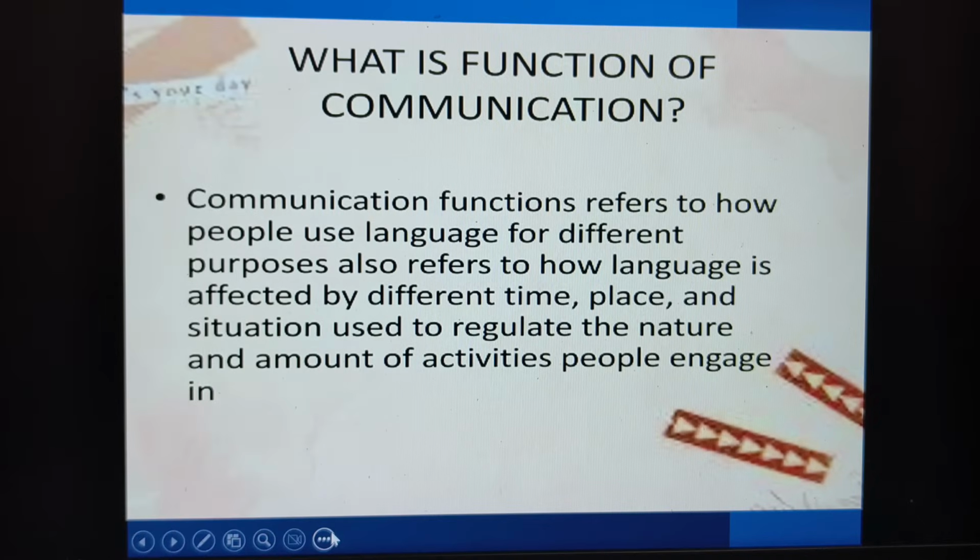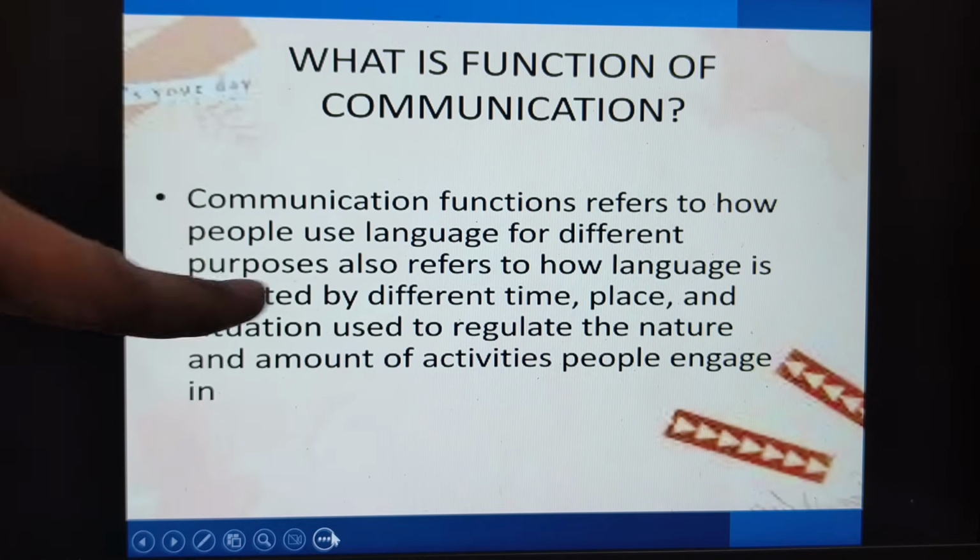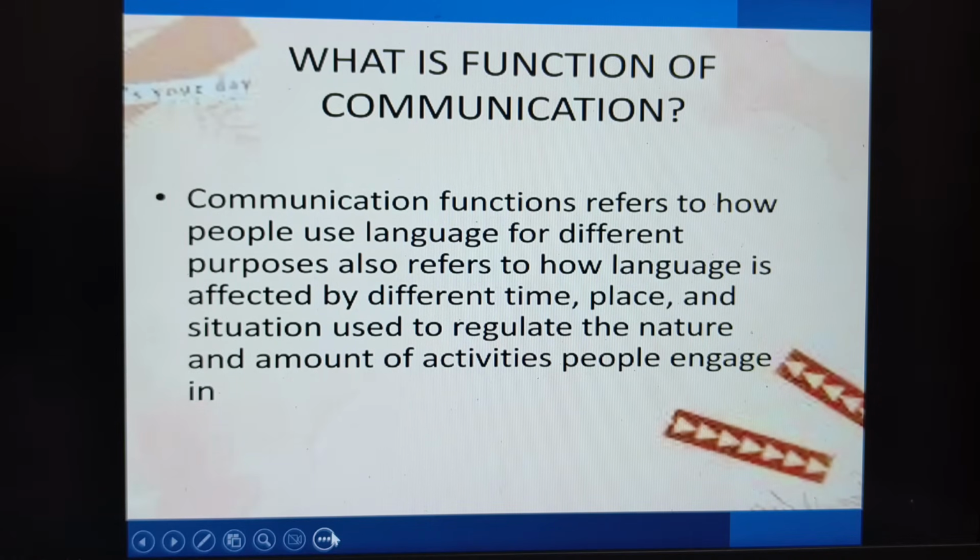Friends, further, now let us also look at how we are going to have our communication. What is the function of communication? Communication functions refers to how people use language for different purposes, and also refers to how language is affected by different time, place and situation, used to regulate the nature and amount of activities people engage in.